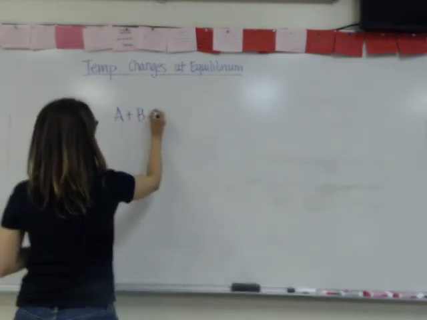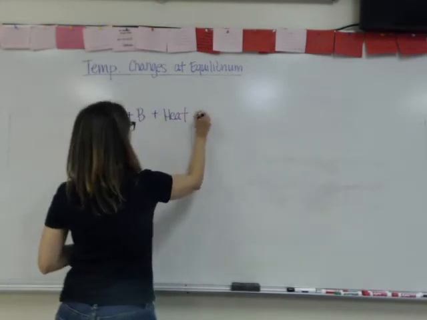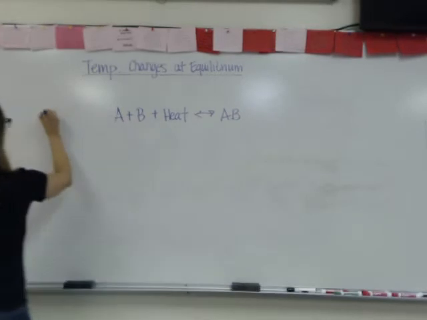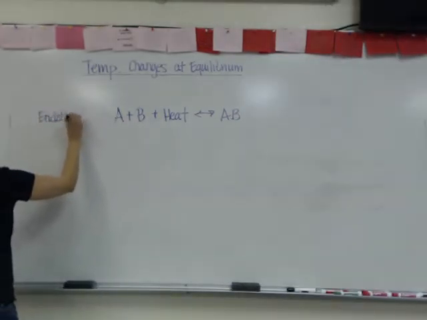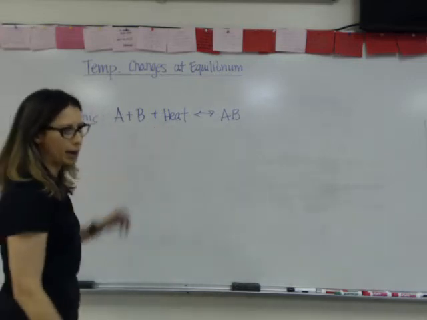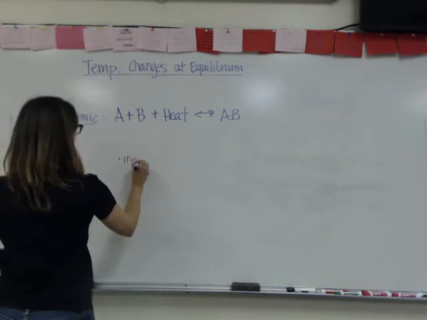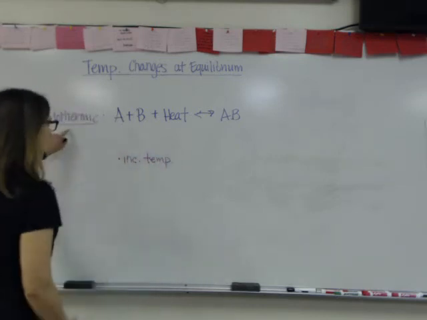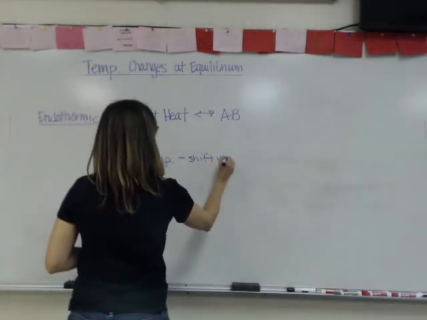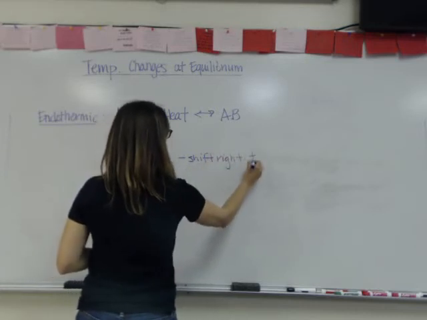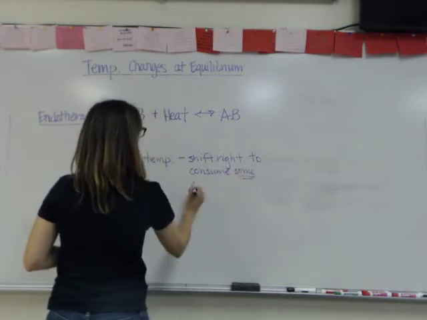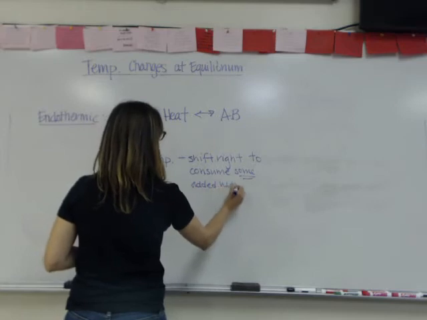So if I have an endothermic process where heat is a reactant, if you increase the temperature of an endothermic process, that means that you need to shift to the right to consume some of that added heat.